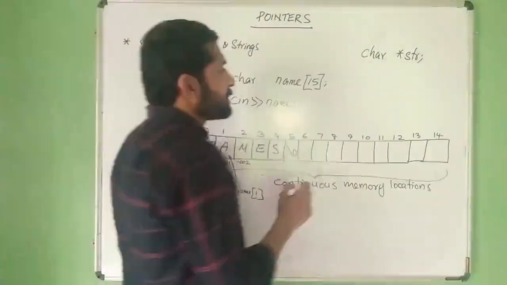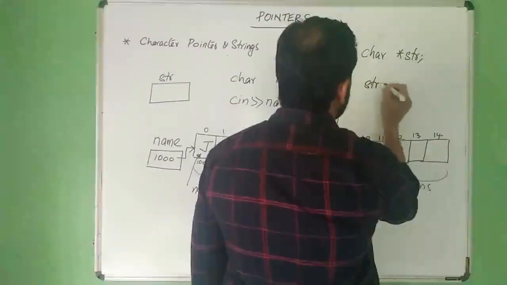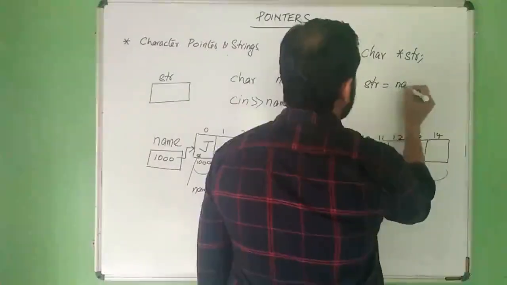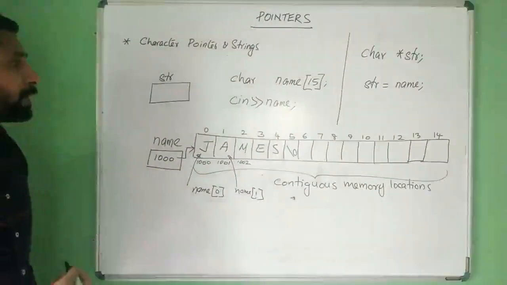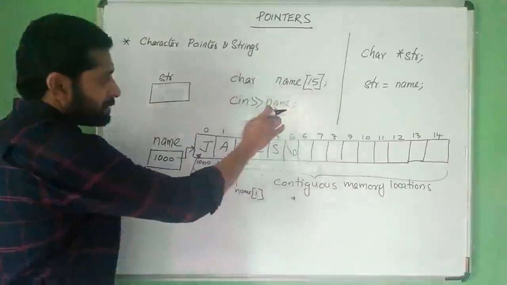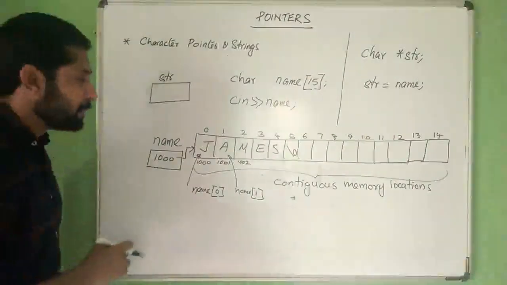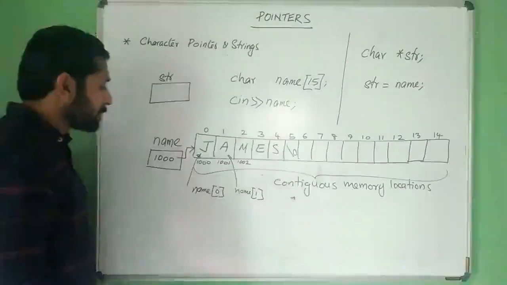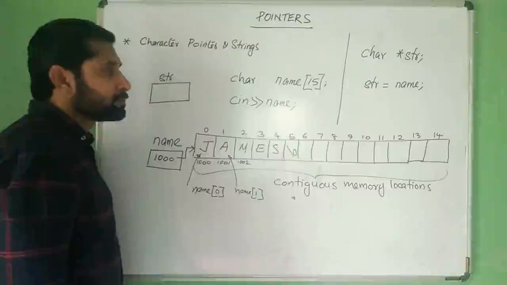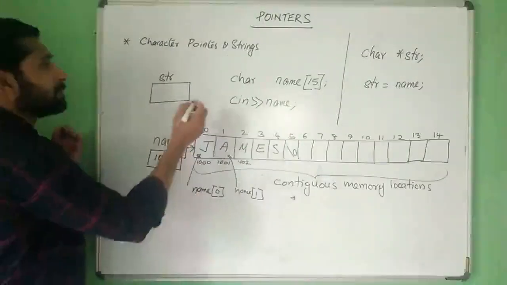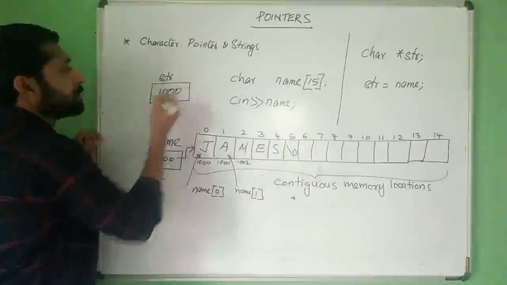Now suppose we are writing a statement like this: str equal to name. What happens? Say suppose this is the memory allocation for name and this is the content. We have written str equal to name, which means 1000 will be copied to this.